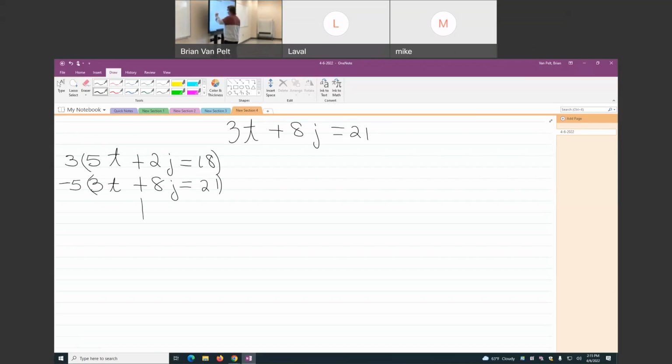So when I rewrite these equations, the first one is 15t plus the 6j equals 54. Negative 15t minus 40j is negative 105. And now we can wipe out the t's.